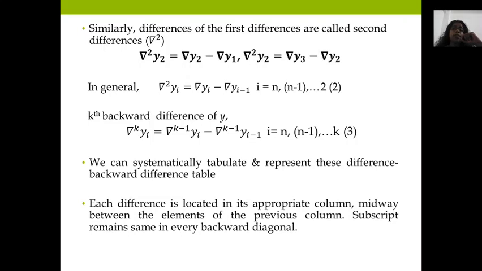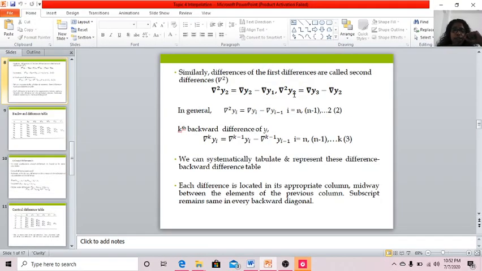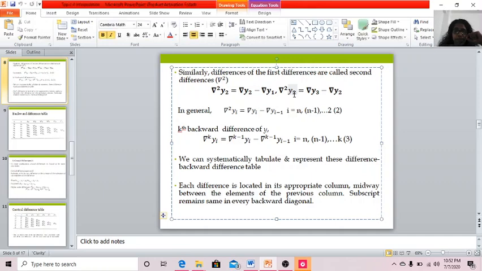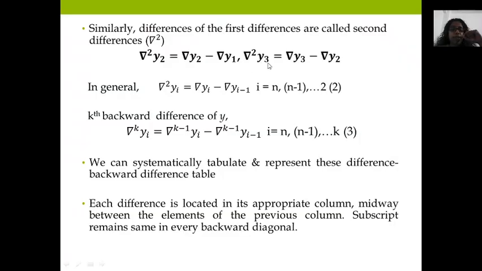Similarly, as in the last session, there are also second backward difference operators, which will be the difference of first differences. So Δ2 y2 is Δy2 minus Δy1. Δ2 y3 is equal to Δy3 minus Δy2.